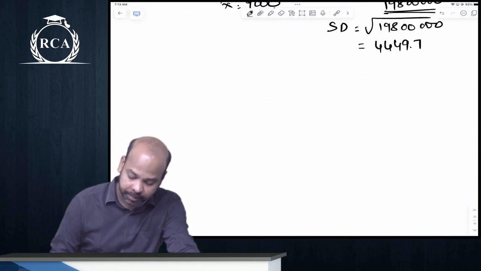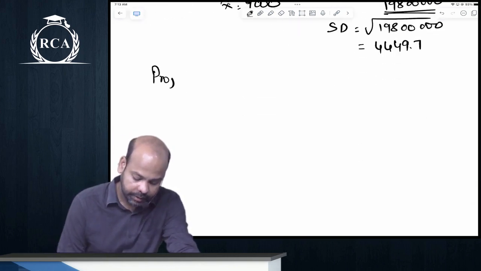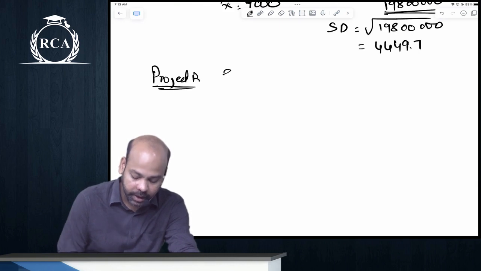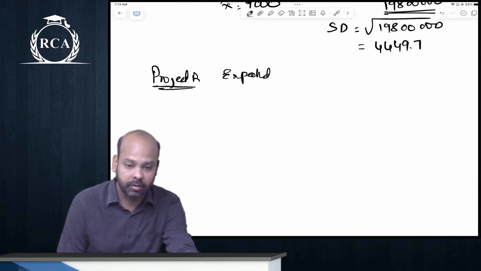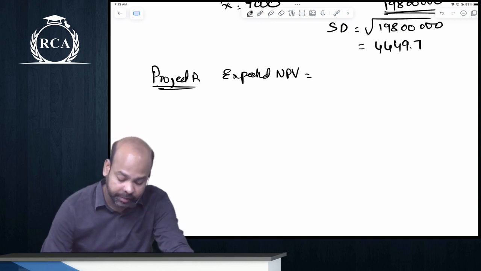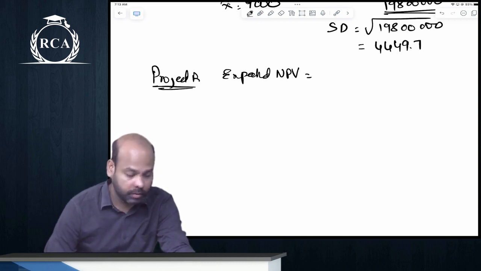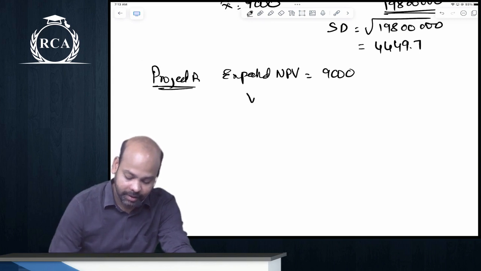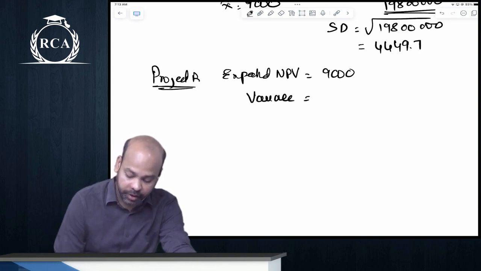Next beta project B, guys. What are the answers? I'm directly writing beta expected NPV. Variance beta is 1 crore 44 lakhs beta.